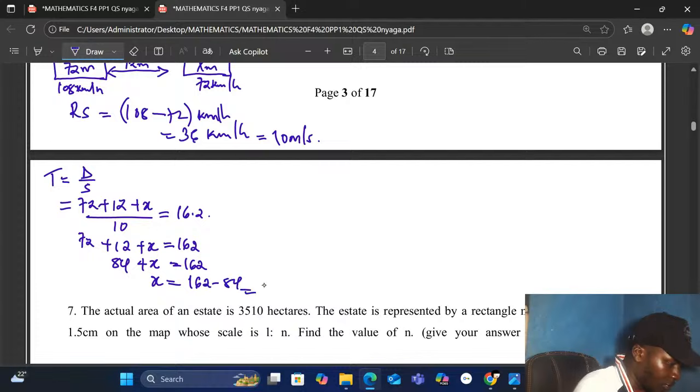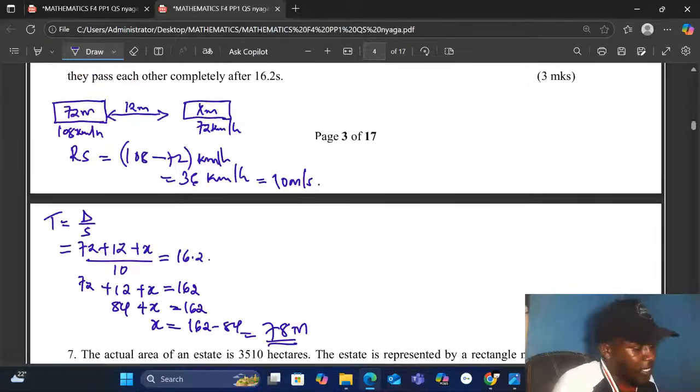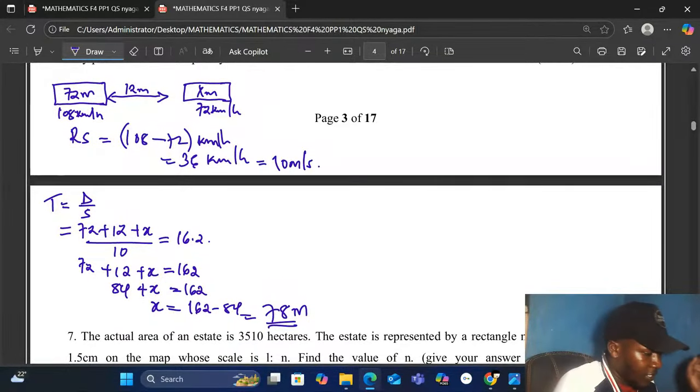That becomes 78. But x is now the length of the train. So that means the train is 78 meters long.